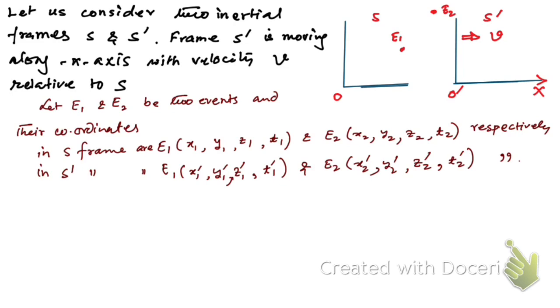Now you see the space-time interval in S frame. This is a 4-dimensional coordinate system, known as space-time. An interval between these two events is known as the space-time interval.